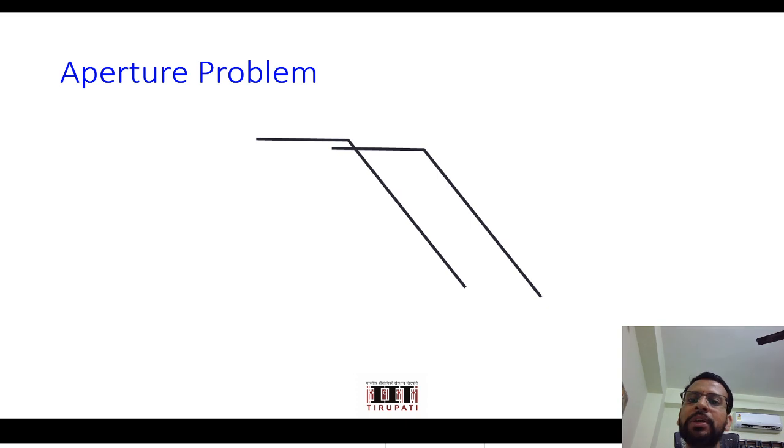Hope you still remember where we discussed this aperture problem. We discussed it in the case of corner detection, if you recollect, the Harris corner detector. For example, in a uniform region you have an aperture problem, you do not really know the corresponding point exactly.